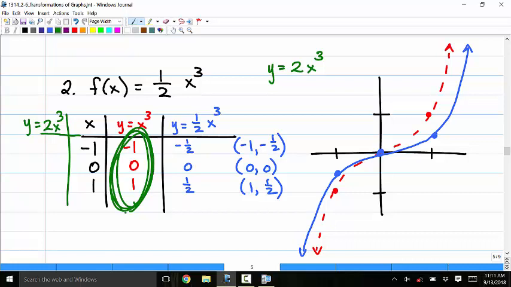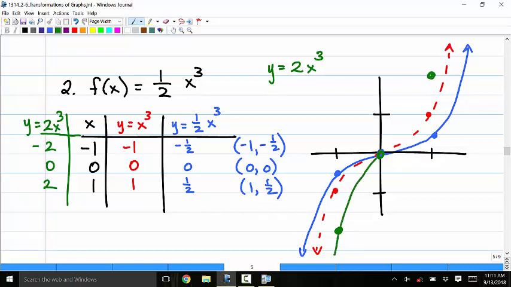I need to multiply all of those by 2. So I get -2, 0, and 2. My points become -1, -2, 0, 0, and 1, 2. There's y equals 2x cubed. It was vertically stretched.